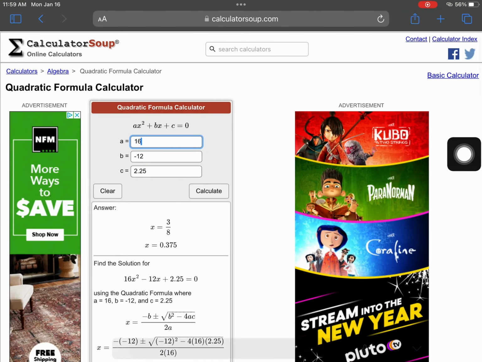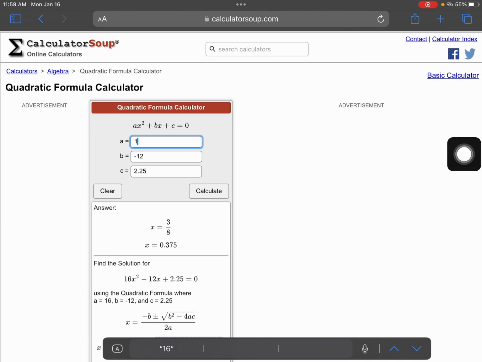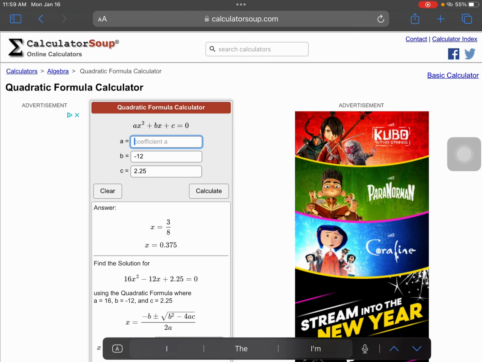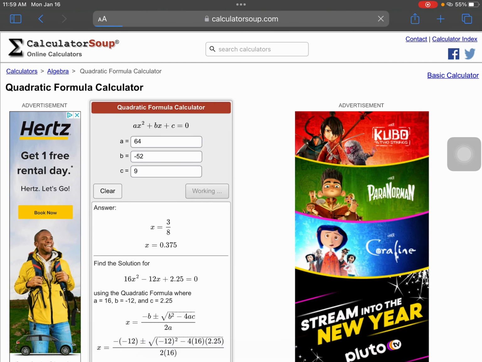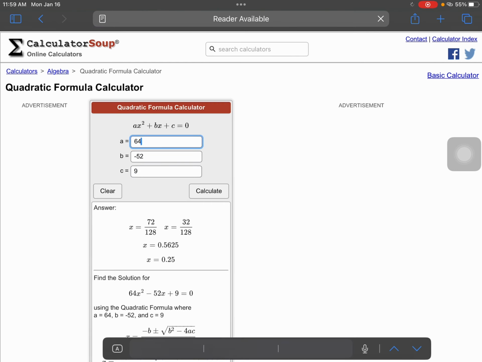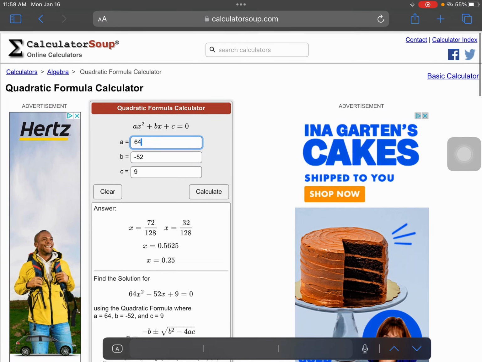If not, get some parts of the problems taken care of by these wonderful tools. 64, next one is negative 52, and then we had 9, right? Sure enough, 9/16 and 1/4.